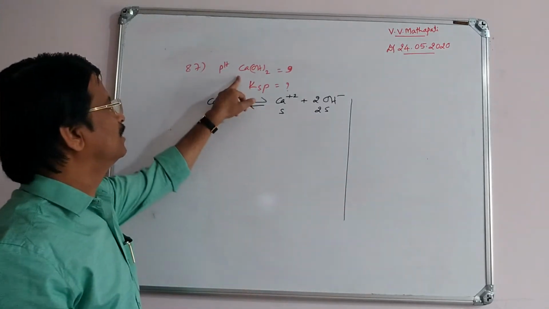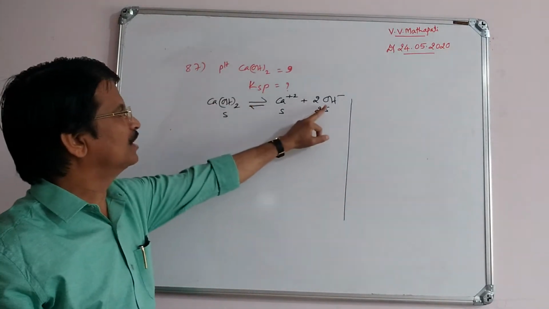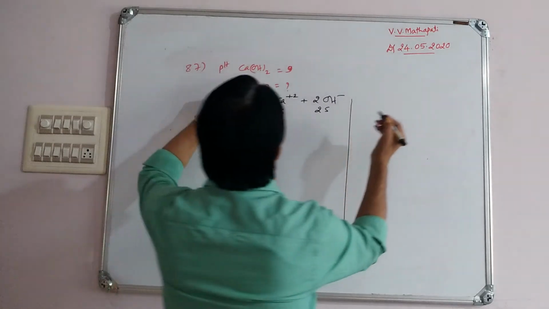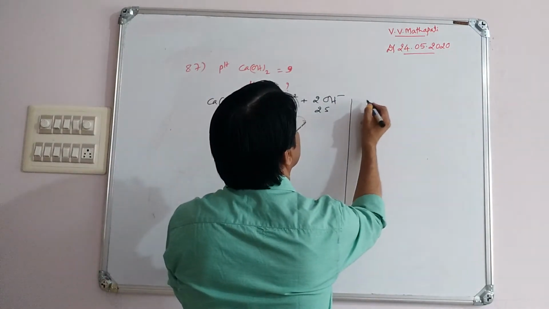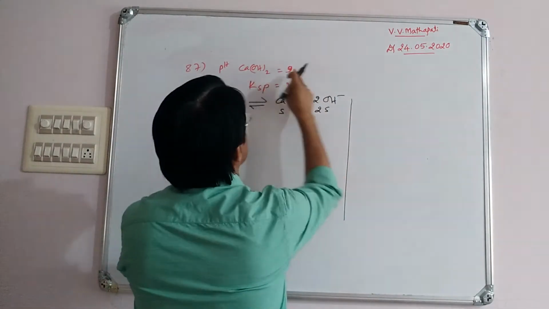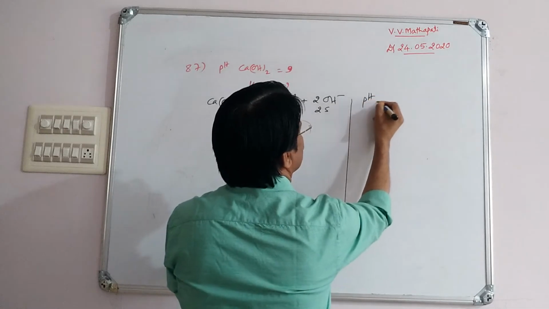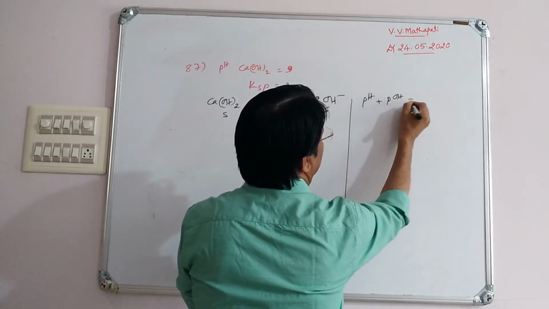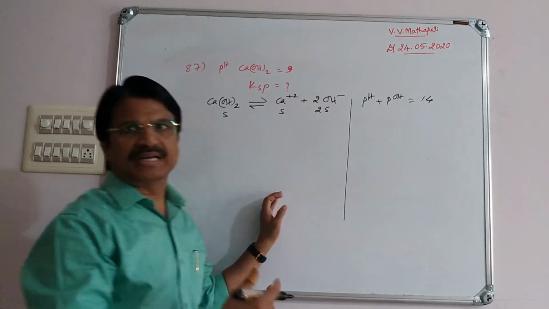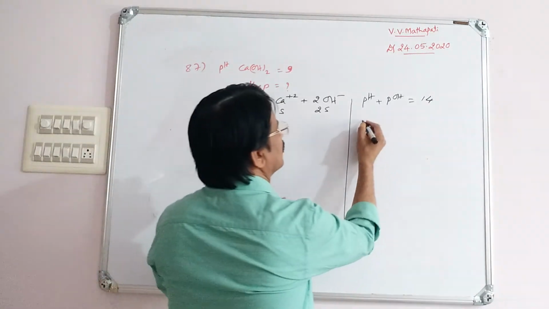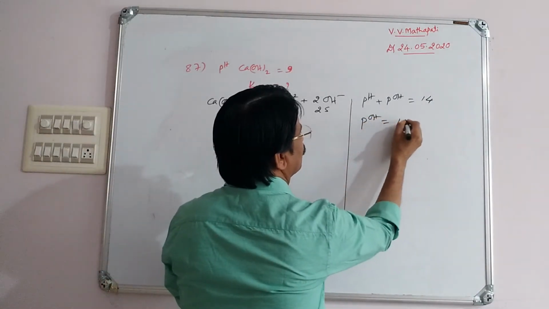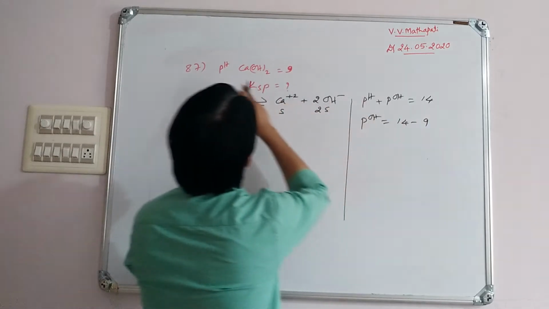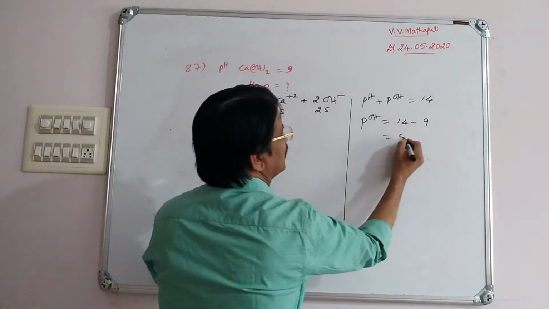Here I will show how to get OH, because the OH ion concentration is important. pH plus pOH equal to 14 is the standard formula, so pOH equals 14 minus 9, which is 5.